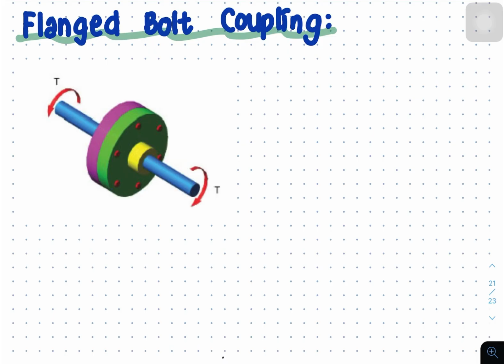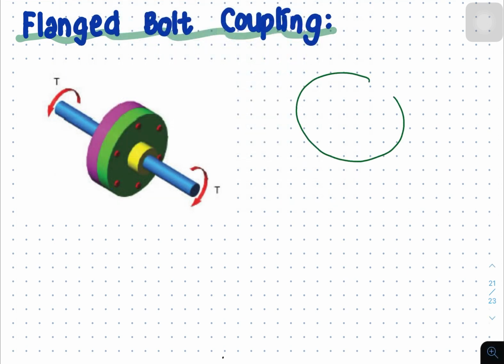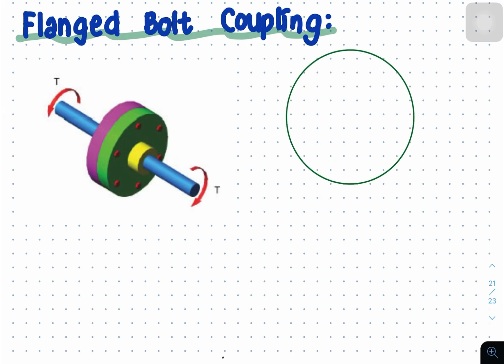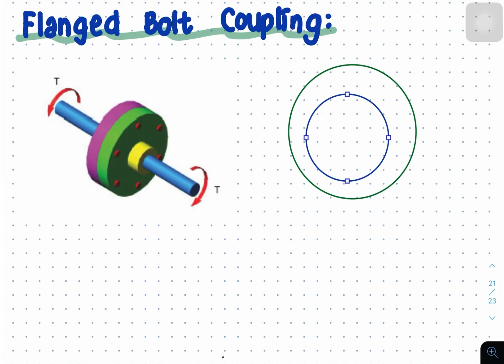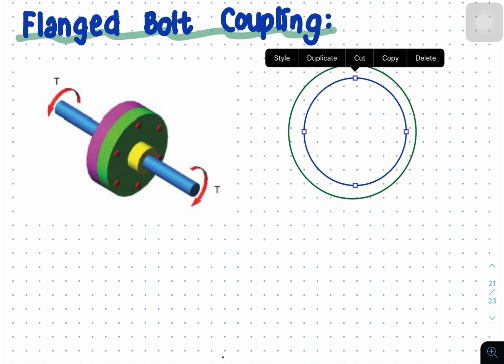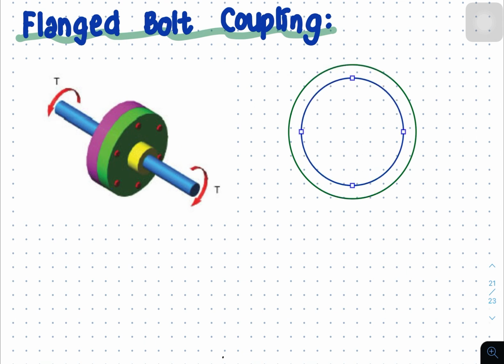So first, let me draw the idea. I'll draw a circle, and this will serve as the outside diameter of our flange. And right after that, let me draw another circle for the location of our bolts. This crosshair will serve as the center of our shaft.